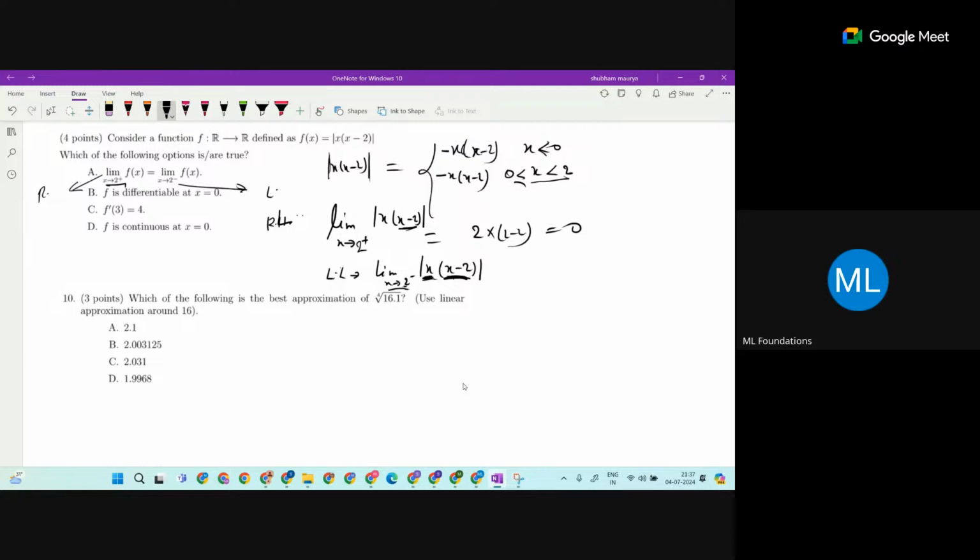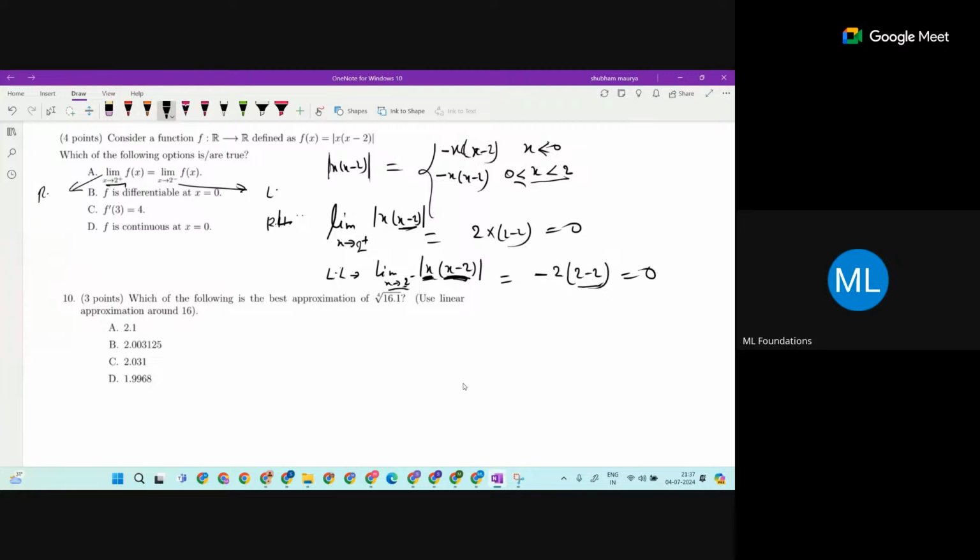Negative and positive become negative, so we have to substitute with a minus sign, minus of 2 times (2 minus 2). Still 2 minus 2 is 0, so the left and right limits are going to be the same.